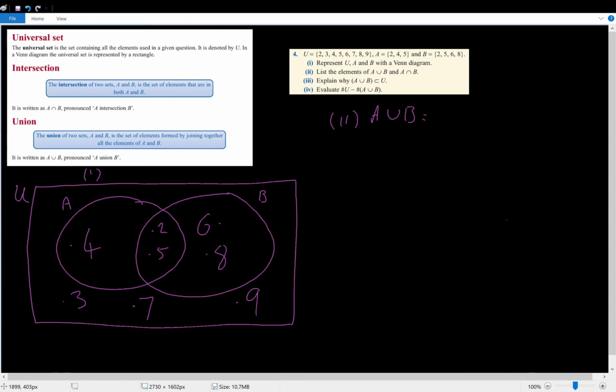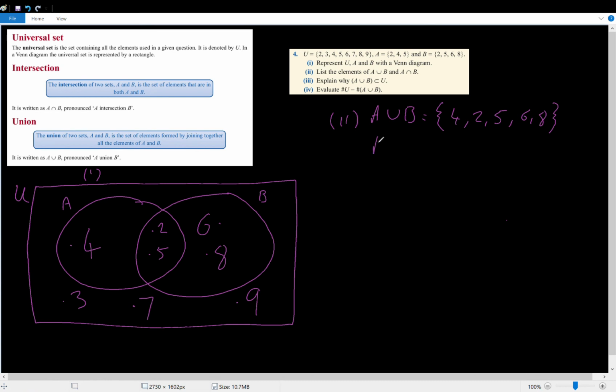And you've got to remember, when you're listing out the elements of sets, you don't repeat any elements. So put our curly bracket down and we start listing these out. What's inside the sets A and B? We've got 4, 2, 5, 6, and 8. So those are all the elements that are in A and B combined together without any repeats.